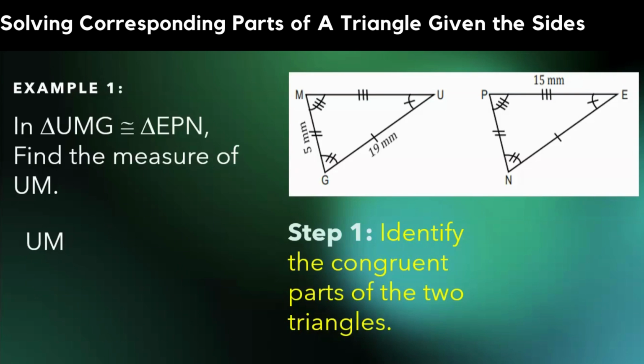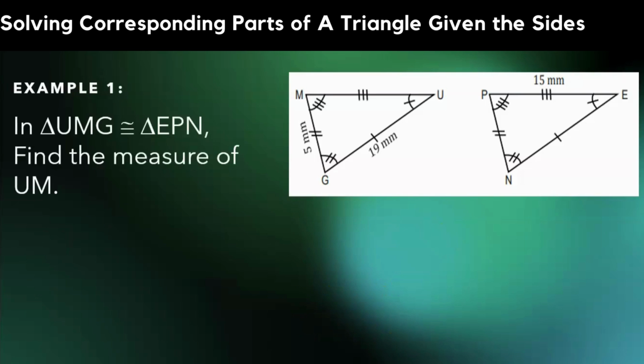Example number 1. The given is triangle UMG congruent to triangle EPN, and we're going to find the measure of UM.